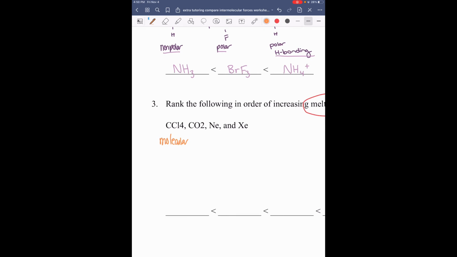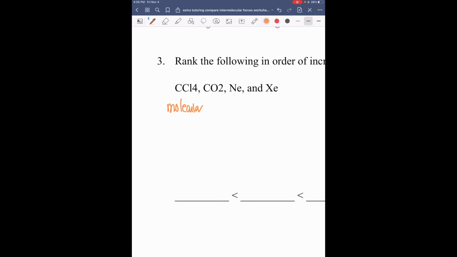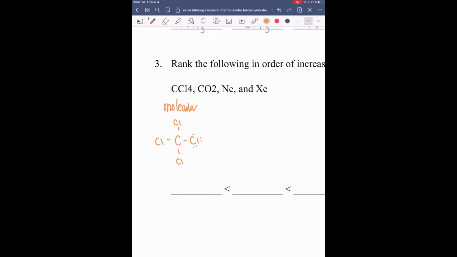Okay, so it's molecular, and then what do I want you to do if it's molecular? Draw the Lewis diagram to figure out if it's polar or nonpolar. So CCl4 is drawn like this. You can add all your lone pairs if you want to, or you can just assume. And this is a nonpolar species.